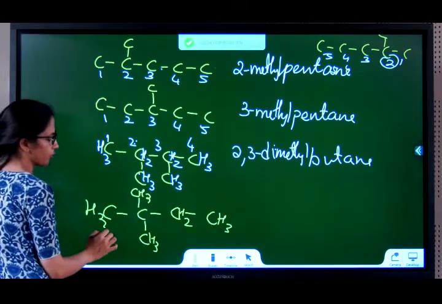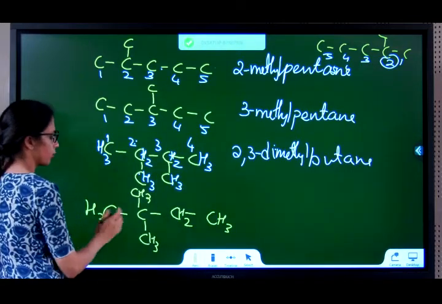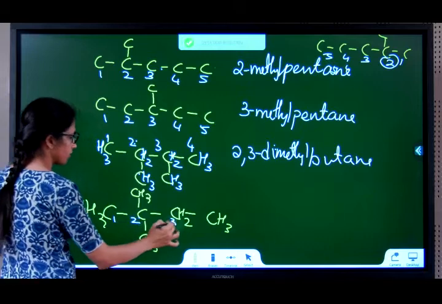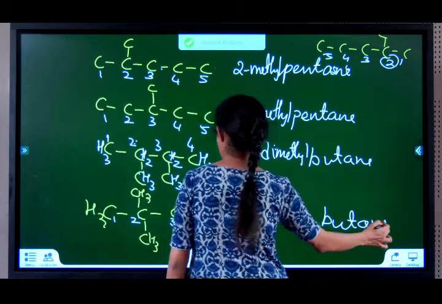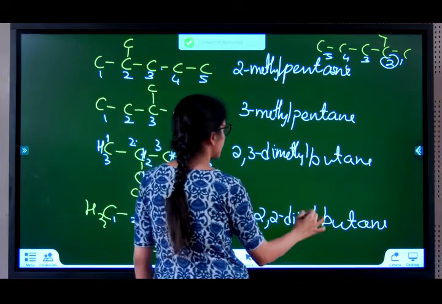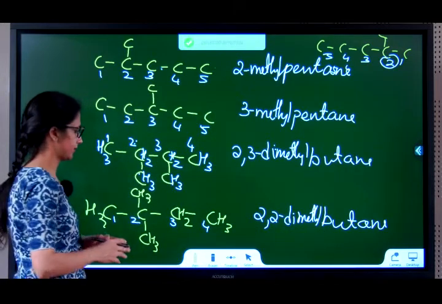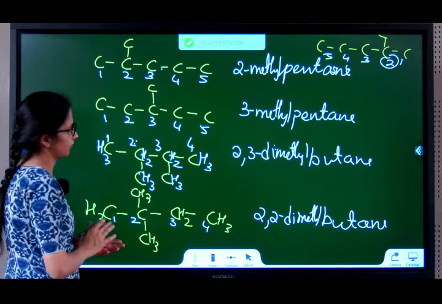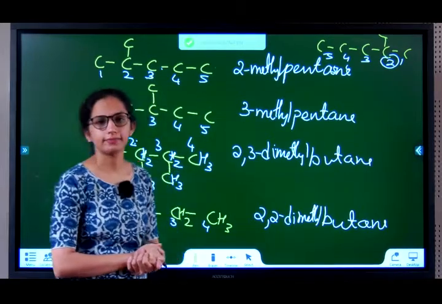Here 4 are already occupied. So, go for the numbering 1, 2, 3, 4. Lower number is 2. This is also butane, but at position 2, I have 2 methyl groups, 2,2-dimethylbutane. Yes? So these are the 5 isomers of hexane.